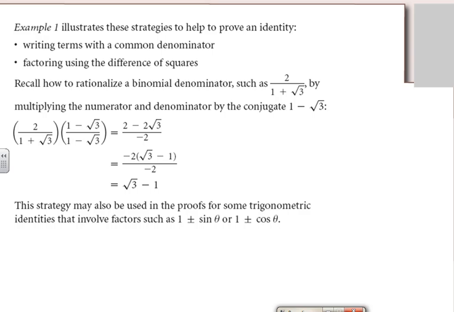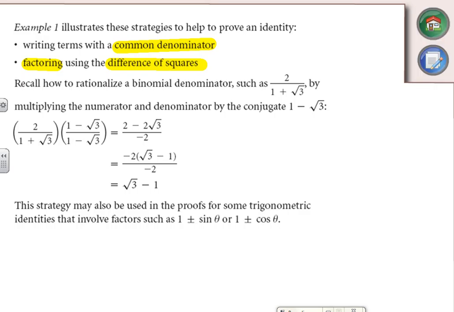So here are some more hints on what to be working with. Again, common denominator, we've got to be able to use. Difference of squares, factoring. We have to always look for factoring, either as factoring out a GCF, factoring difference of squares, any types of factoring. We also have to be able to rationalize a binomial. So looking at these, this will happen every now and then.